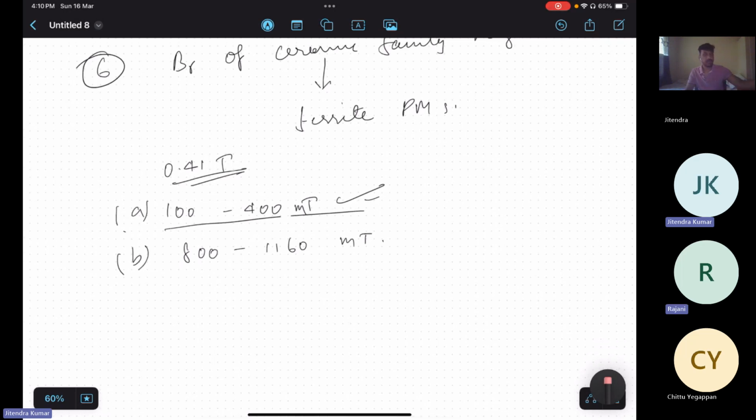Can I write none of the above, sir? Otherwise I have to select the first option and write a question to them to please verify. From their side, they have considered 1,000 to 4,000 milli Tesla as correct, but if you can argue with them, I think they can modify the answer to none of the above.